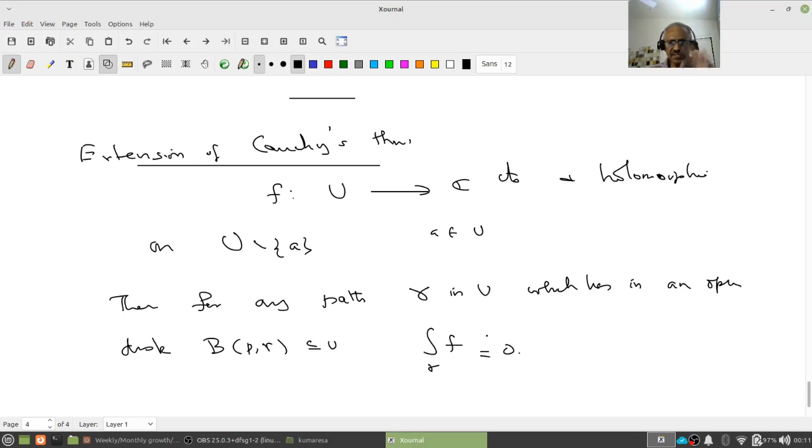This is a slight extension, a very easy extension once you have proved Cauchy's theorem. What does it say? It says that if f is continuous on all of U but holomorphic except at one point, then the integral of f over gamma is 0.